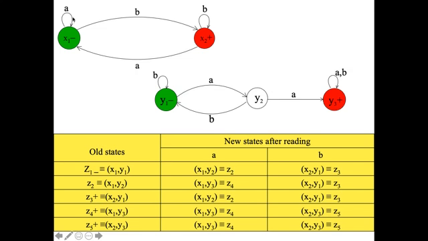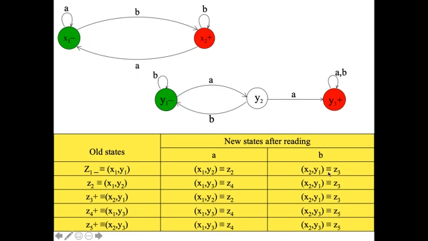And in X1 reading B, we go to X2. And in Y1 reading B, we go to Y1. This is different than this one, so let's give it the name Z3. Now let's take Z2, which is X1, Y2. In X1 reading A, we go to X1, and in Y2 reading A, we go to Y3.